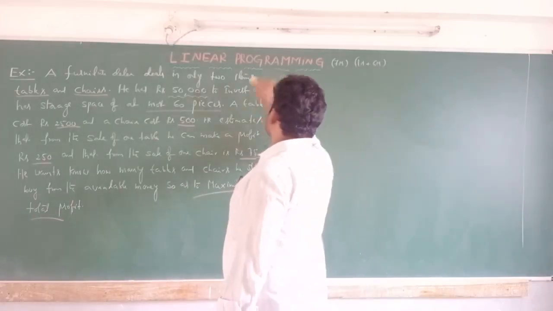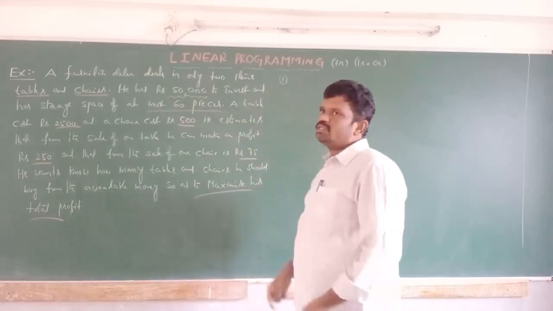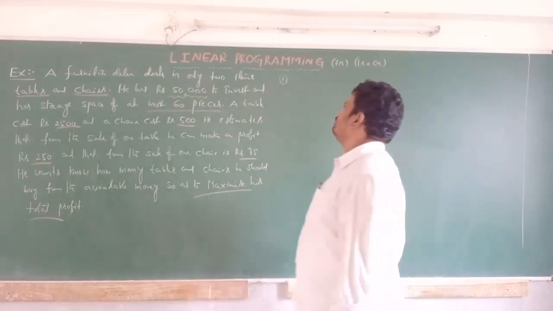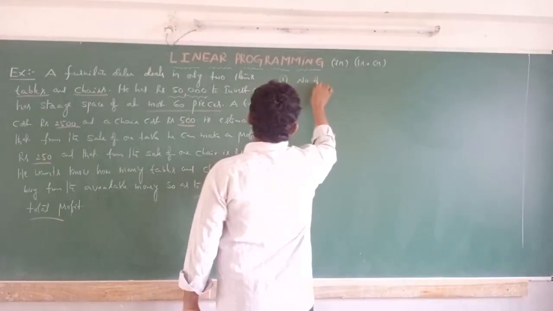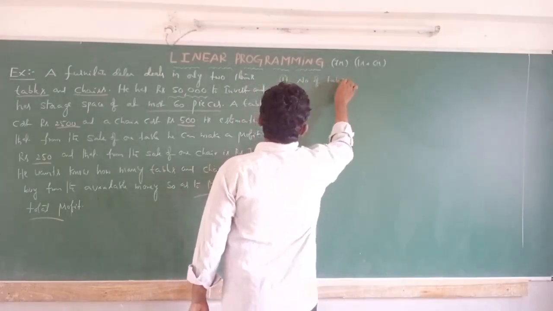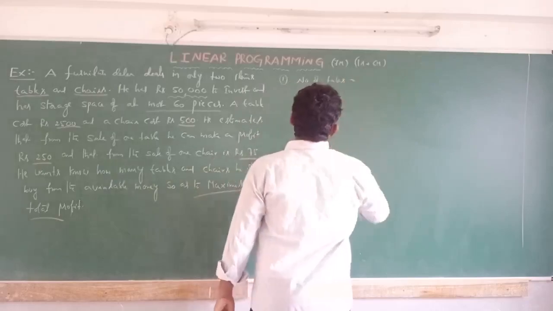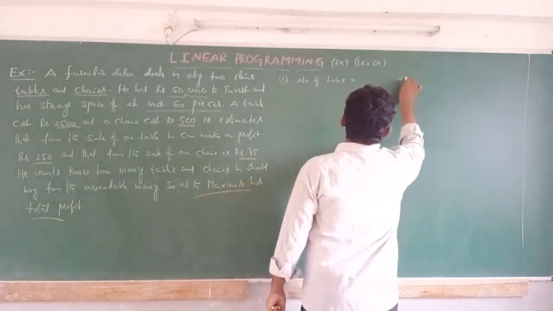First case: only tables. Number of tables only, so in this case the number of chairs is 0.